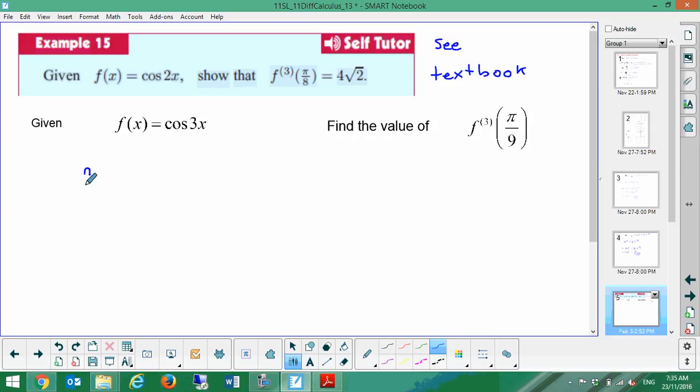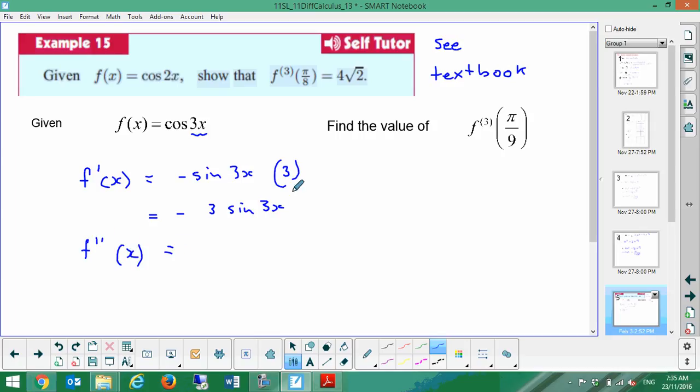So let's just go doing our differentiation. Remember, the derivative of cos becomes minus sine of 3x. Now we need to multiply it by the derivative inside with our chain rule, times 3. So we've got minus 3 sine 3x. Now let's get our second derivative.